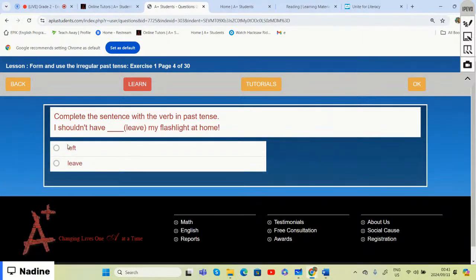The next one says, I shouldn't have leave my flashlight at home. Leave is now in the present. What is the past tense form of the word leave? Is it left, option one, or is it leave, option two?